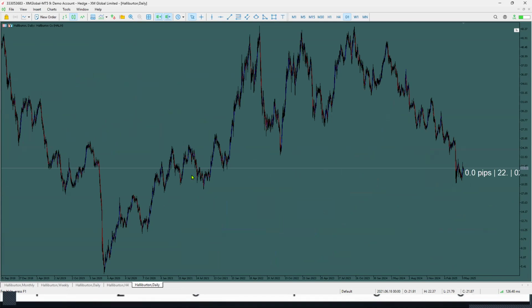Let's just take a place in this chart anywhere. You can see that this market started from this point and moved all the way to this point.